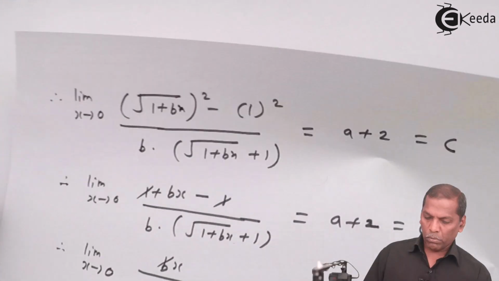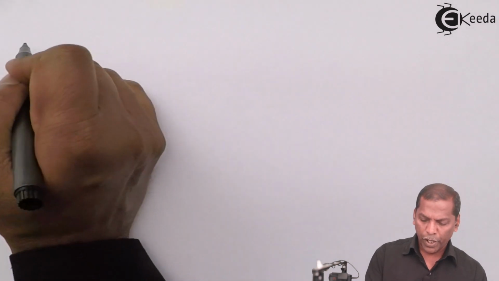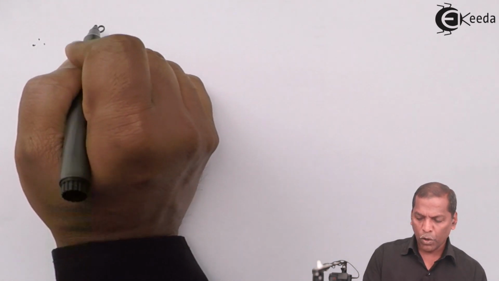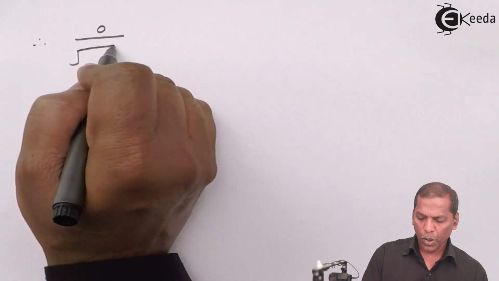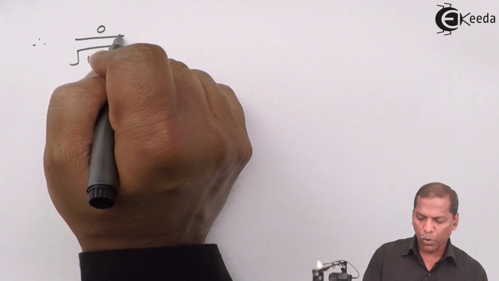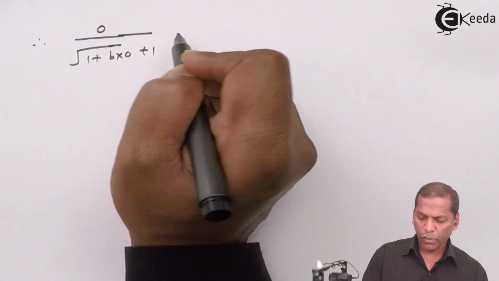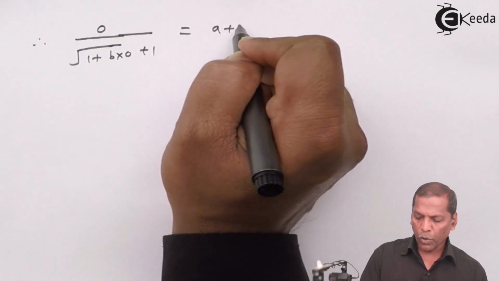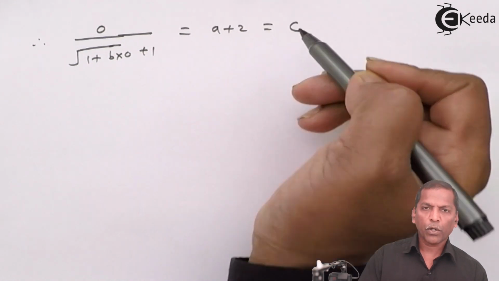Now here we substitute the limit x tends to 0. So we get 0 upon square root of 1 plus b into 0 plus 1, is equal to a plus 2, is equal to c.